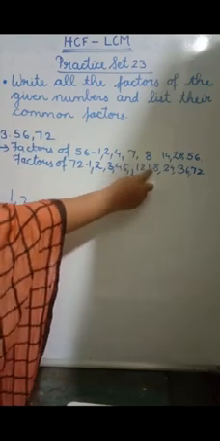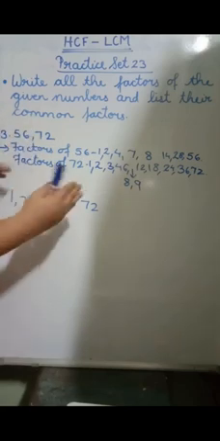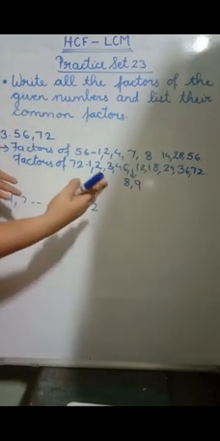How many are there? 1, 2, 3, 4, 5, 6, 7, 8, 9, 10, 11, 12. Did we select 12? But if you go on writing only 1 is a factor, then 2 is a factor, 3 is a factor, 4 is a factor, 6 is a factor, 7 no, 5 no, 9, not 10, 11, like this you have to go on searching till 72. Yes, each number you have to try.